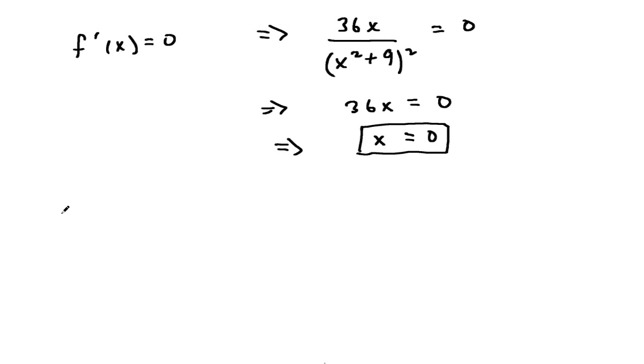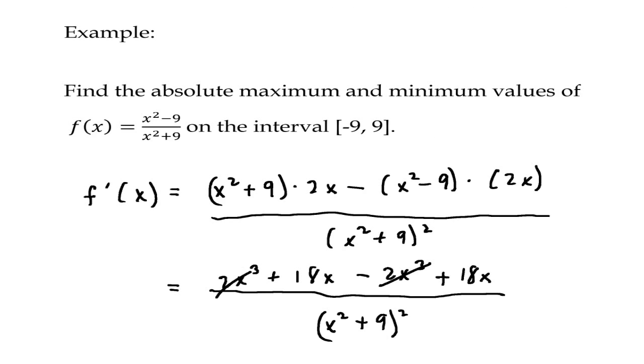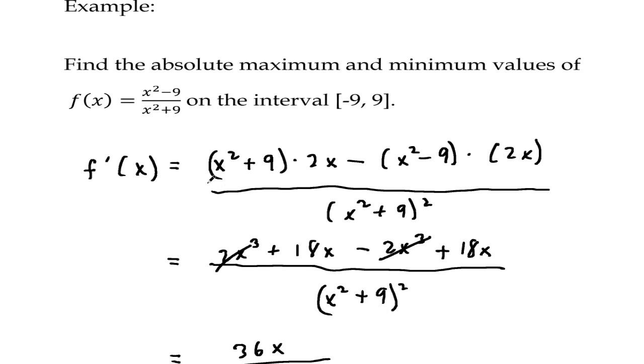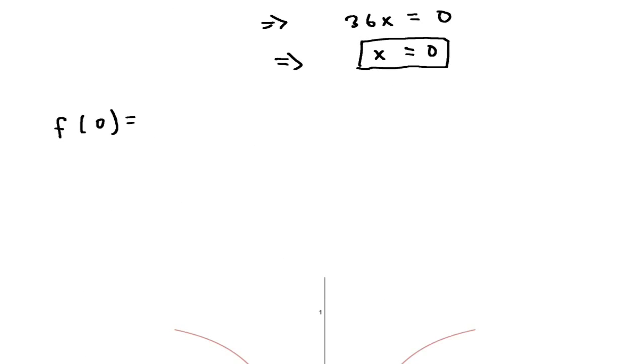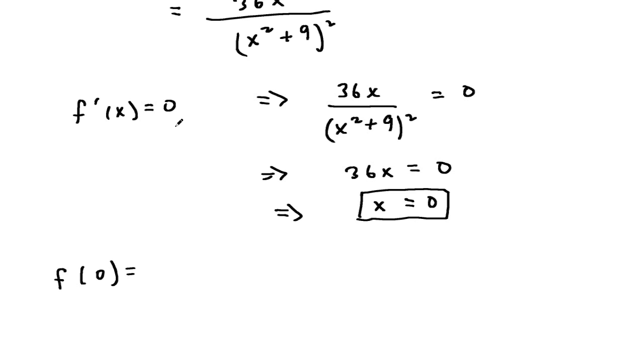Alright, now let's start plugging in f of 0. Remember our function f. This is our function here. So if I plug in 0, I get -9 over 9, which is -1. And then let's check the endpoints.